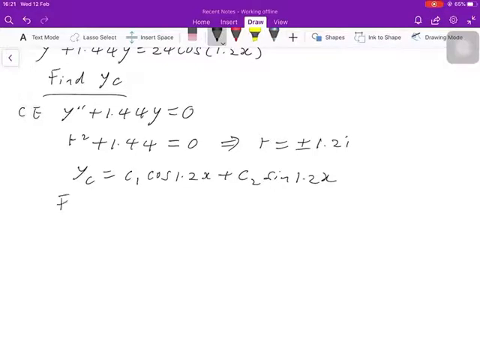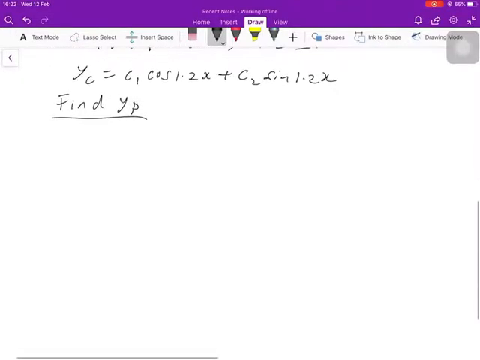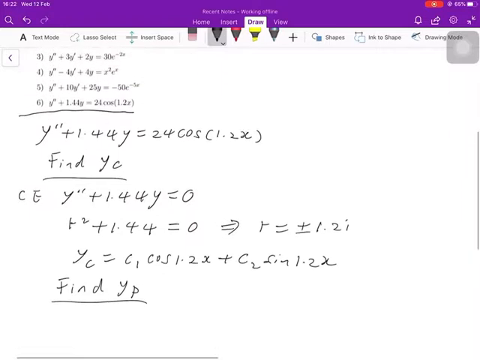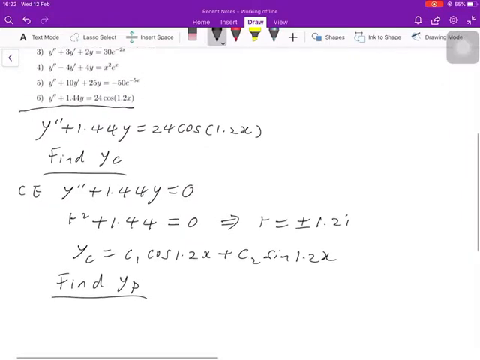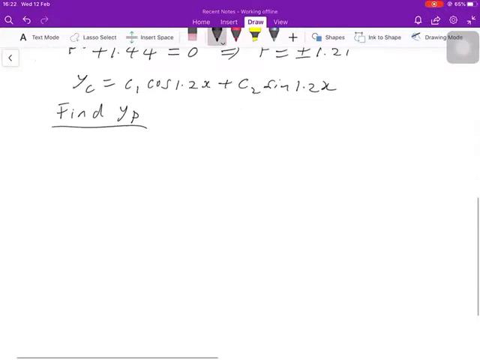So we find yp. The proposed trial solution for this, we refer to the forcing term here, which is a trigonometric function. So the yp that we propose may consist of cosine and sine functions, correct?